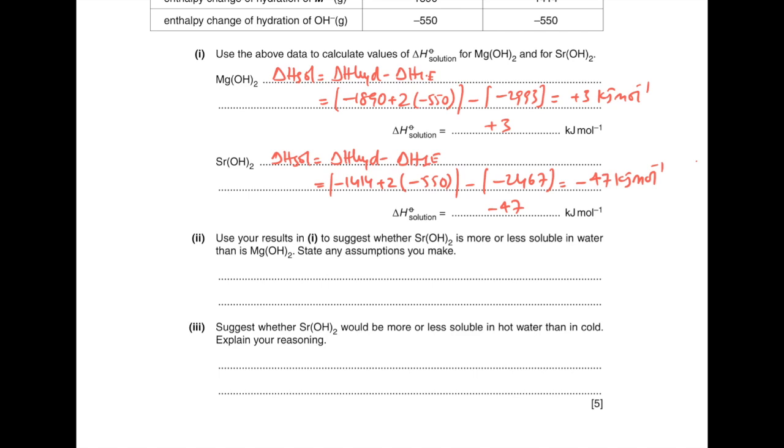Now he asks you in part 2, use your results in part 1 to suggest whether strontium hydroxide is more or less soluble in water than Mg(OH)2. So I think that strontium hydroxide is more soluble in water because its enthalpy of solution is exothermic.